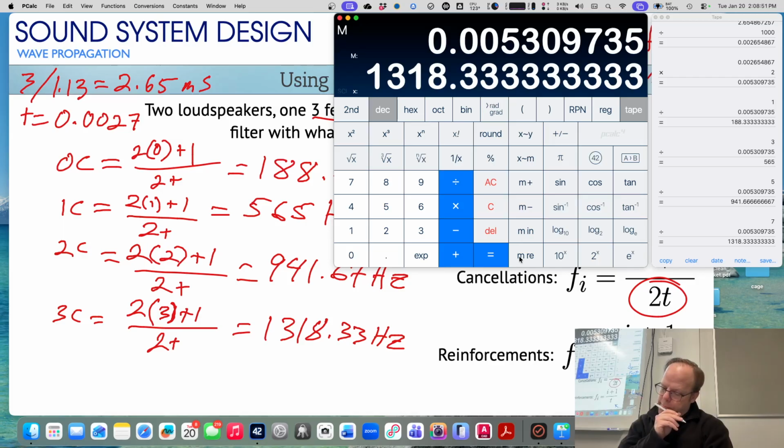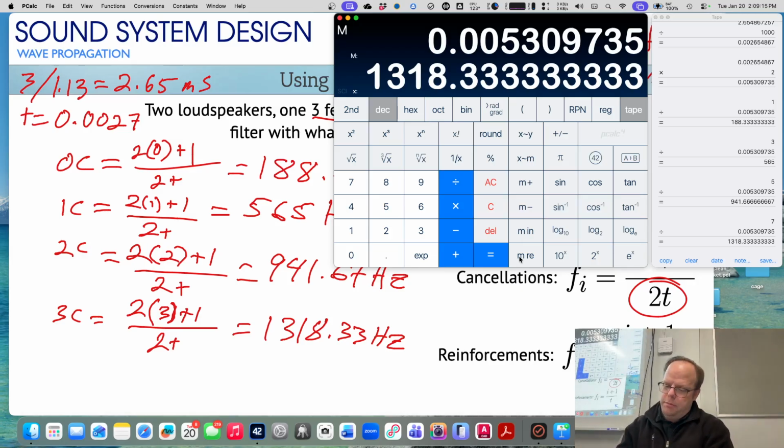I got 1,318.333212. Yeah, that's just because you rounded t a little bit differently than I did. Okay. I also got 1,320. So you probably rounded t all the way back.